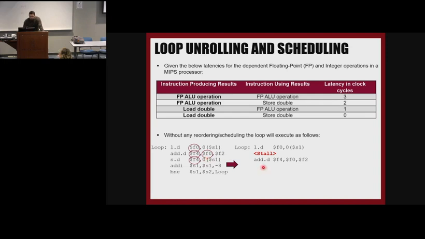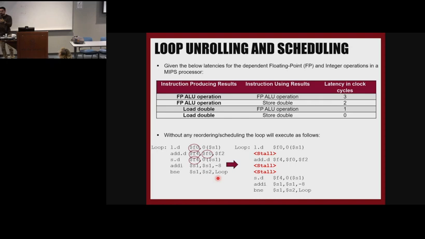So how many clock cycles do I need here? 2 clock cycles. What it means is I have to add 2 stalls here, and then I can store it. The other 2 instructions are the same, it doesn't matter. So if I don't have any reordering or scheduling, I look at the table, find the dependencies, and based on what type of dependency I have, I add stalls to the pipeline.